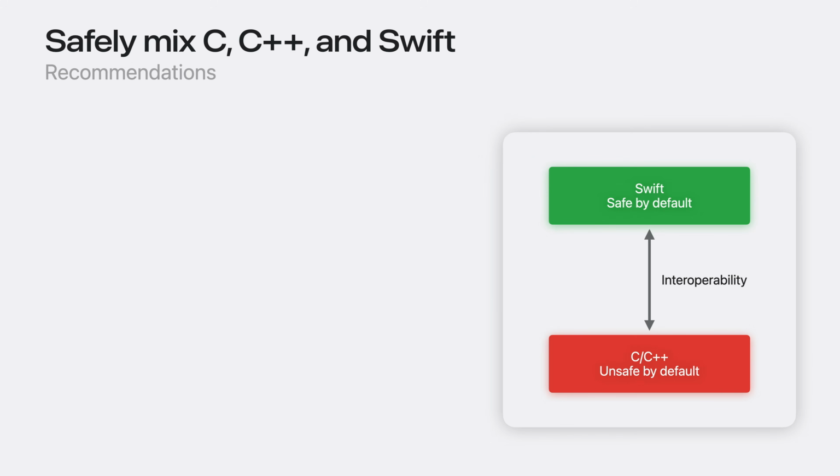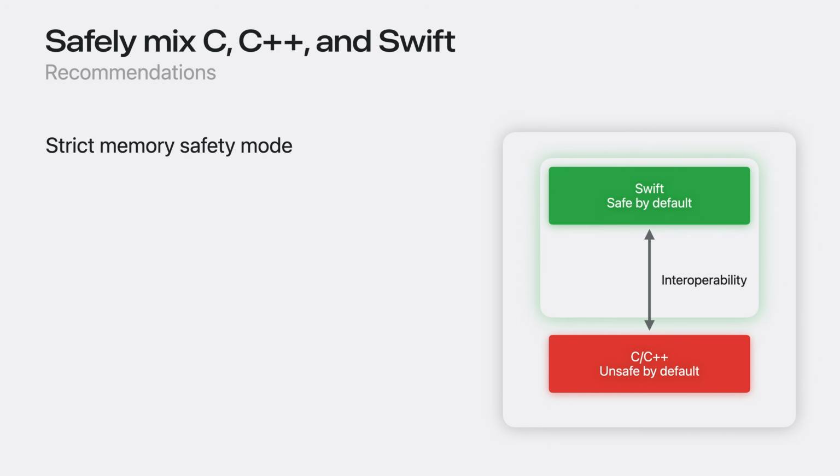In this talk, I described how to ensure safety in Swift and safely call into C and C++ code. It's never possible to make C and C++ as safe as Swift, but they can be made safer. Here are some tips for getting the best safety when you mix C, C++, and Swift. Turn on strict memory safety in Swift.